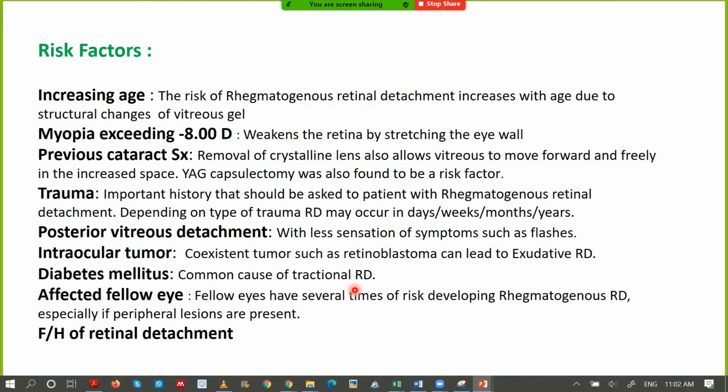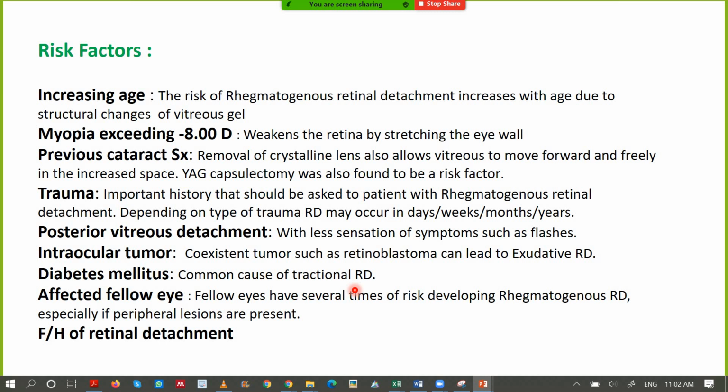Okay, so coming to the risk factors, what causes retinal detachment? An old age patient is at increased risk of developing a rhegmatogenous retinal detachment due to structural changes in the vitreous gel. We know that vitreous is a jelly-like substance.